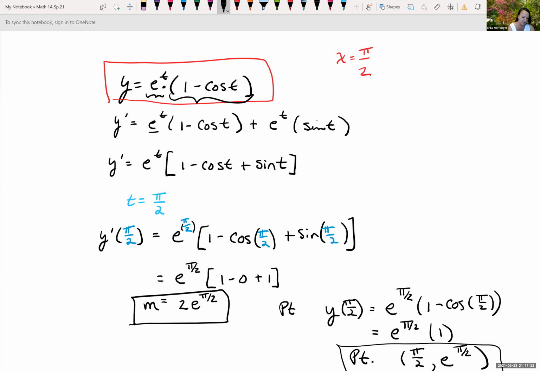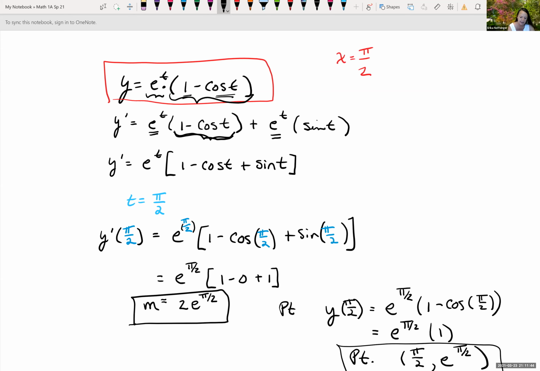Derivative of e to the t is just e to the t, and then times the second, 1 minus cosine of t, plus the first, e to the t, times the derivative of the second function, 1 minus cosine of t. Well, derivative of 1 is 0, minus, and the derivative of cosine of t is negative sine of t.